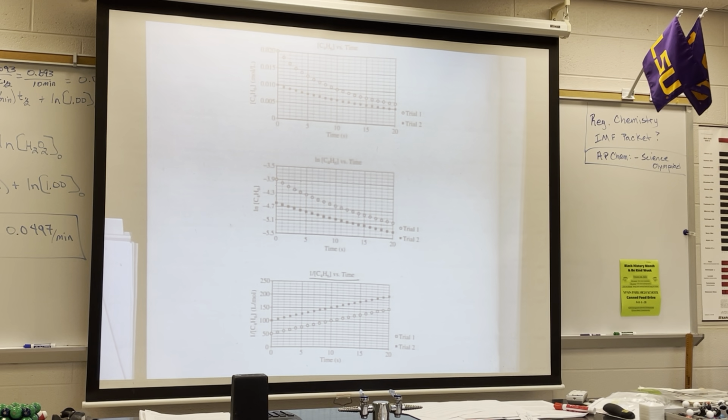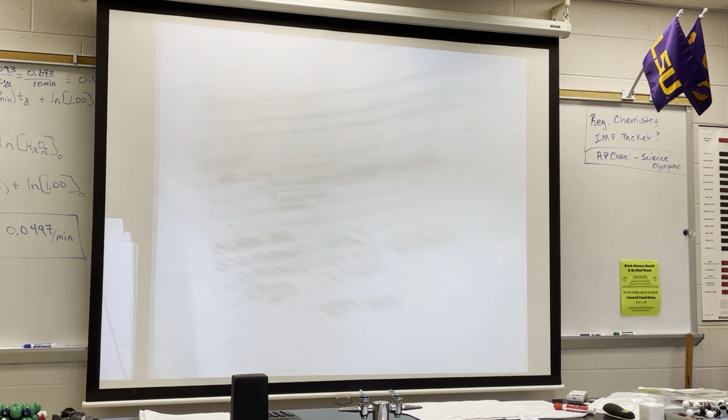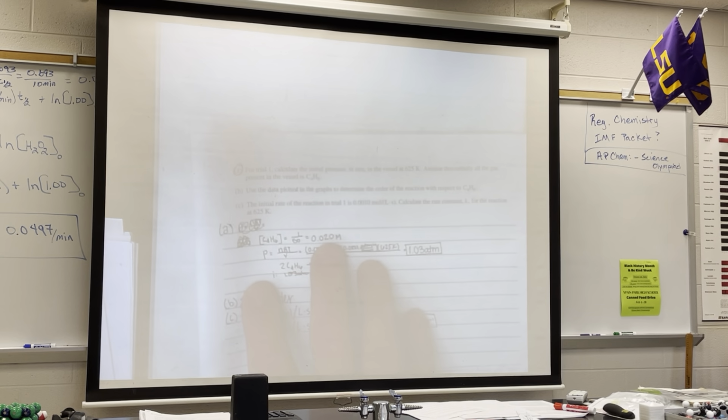Because it's linear. So what's the y-axis? 1 over the concentration, which means it's what order? Second order. So the order of this reaction is second order with respect to the butadiene, the 1,3-butadiene. Okay, so that's part A.